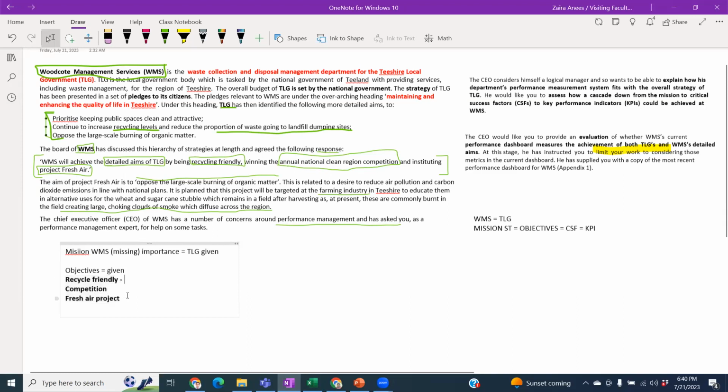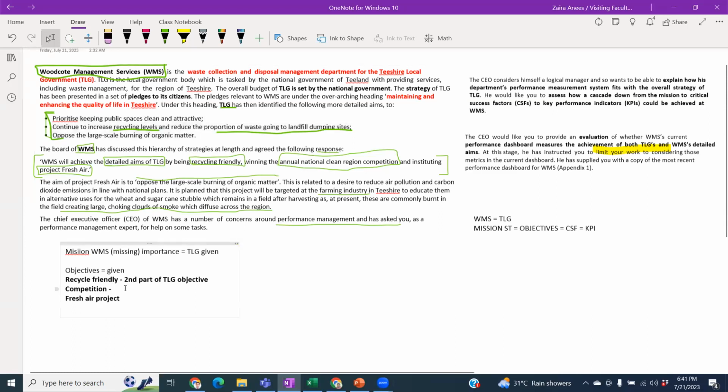Right. So being recycle friendly, is it connected? This is connected with the second part of the objectives of TLG. Winning the competition, is it connected with anything? Nothing. These are three objectives. Okay.